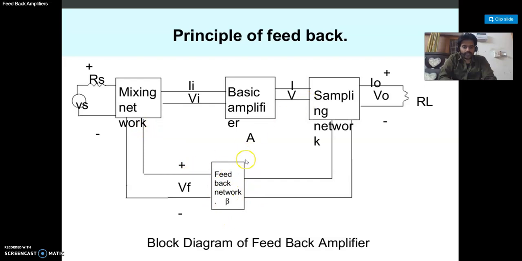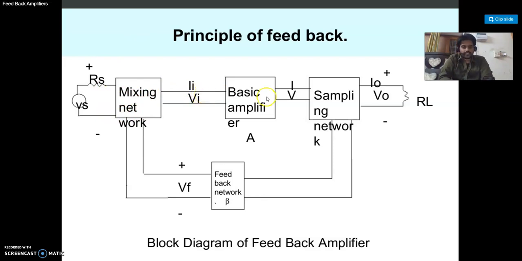It takes the output with the help of the sampling network and generates some output, which is reverted to the input end, and that output generated by the feedback is mixed with the general input and forms the total input for the amplifier section.